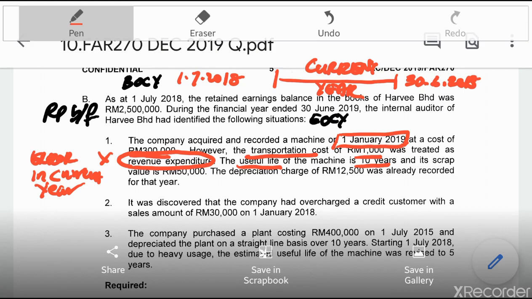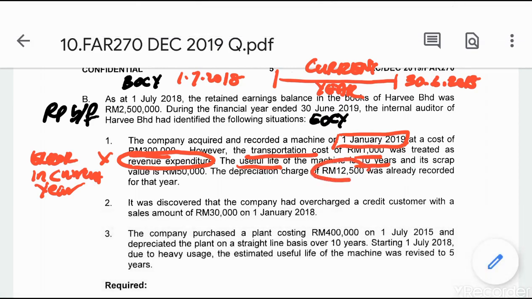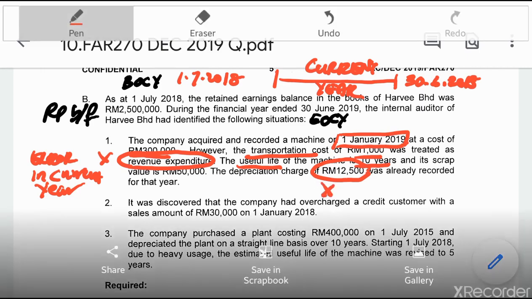And because of that, a depreciation charge of 12,500 was already recorded for that year. Because that revenue expenditure was wrongly treated, it should be a capital expenditure. Your depreciation was also an error. So this 12,500 was also another error. Why another error?